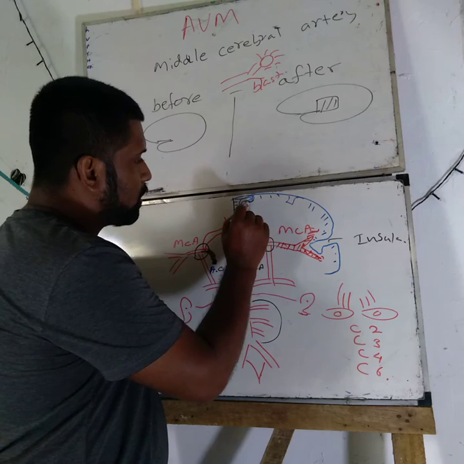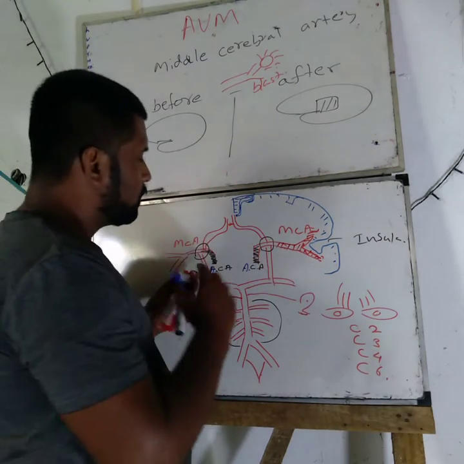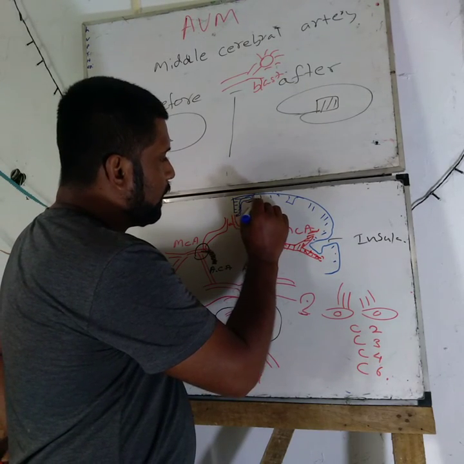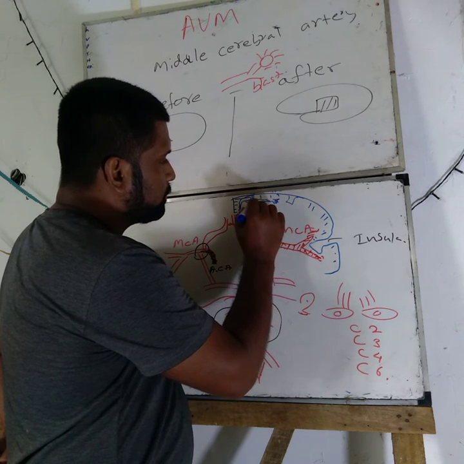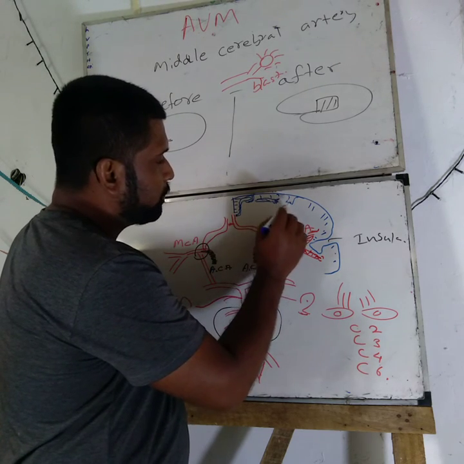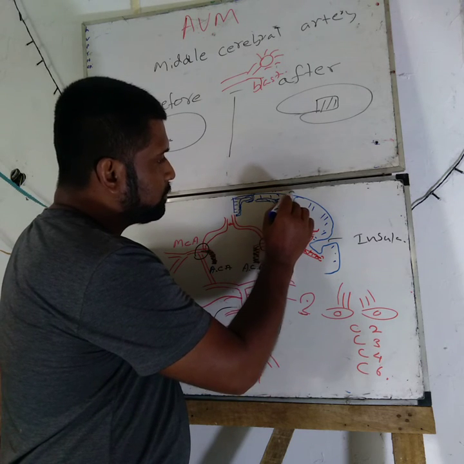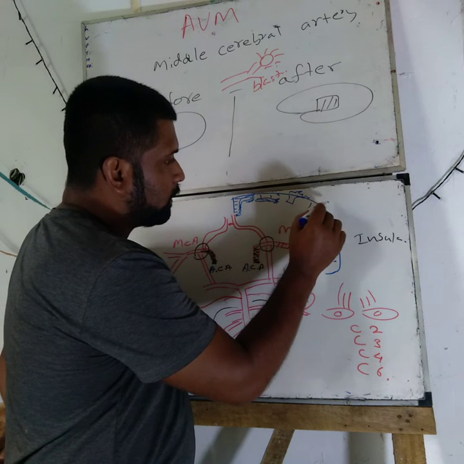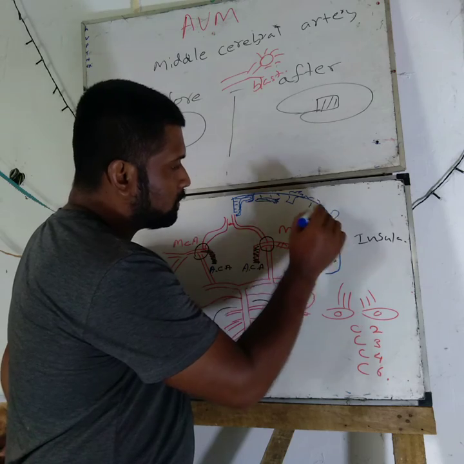This area also has the trunk, neck, and hand. These are the finger areas, hands, and the face area. This area also has the face, the tongue area, face area, tongue.